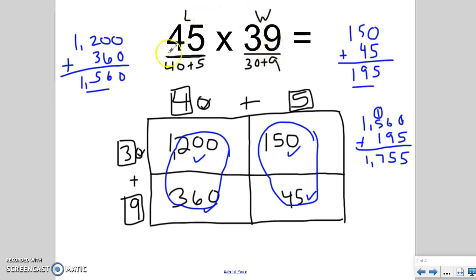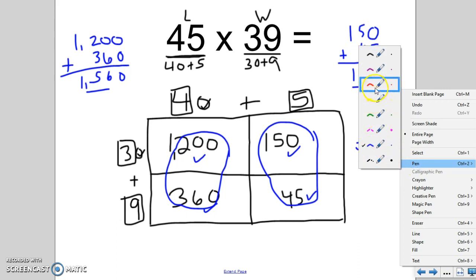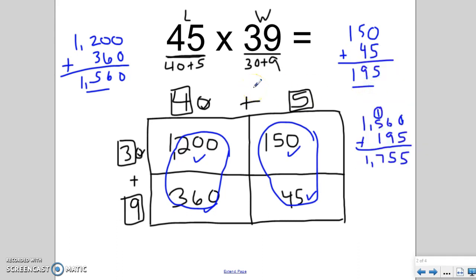Now, one thing that you'll know is there's a lot of big mistakes to make the bigger our problems become. And now that we're working with two-digit numbers, we could really fall into some big mistakes. A great way to catch a big mistake is to simply estimate your answer. It's a quick and easy way to see about what your answer should be in case you made a huge mistake. So in this case, we're going to round 45 to 50. We're going to round 39 up to 40.